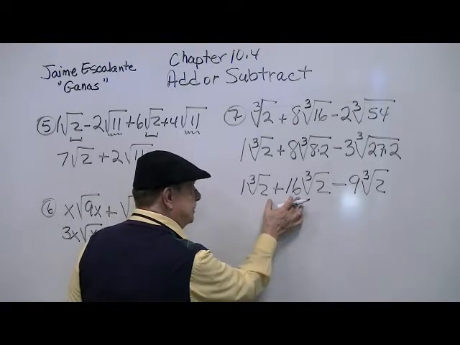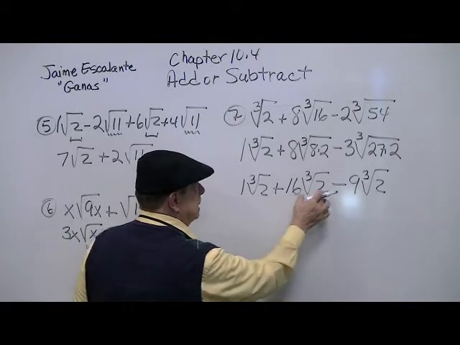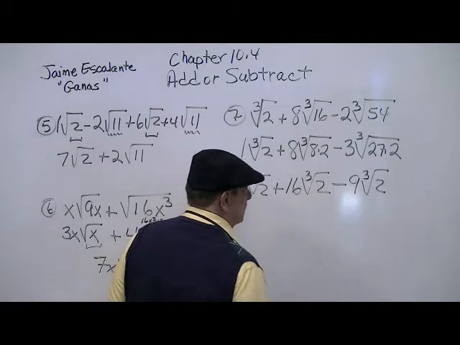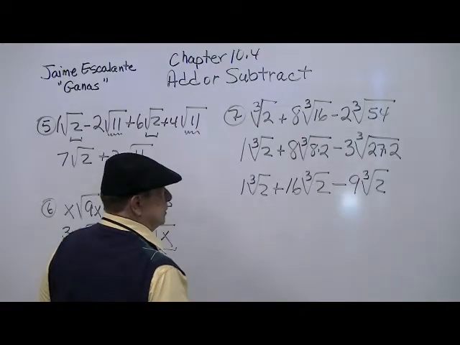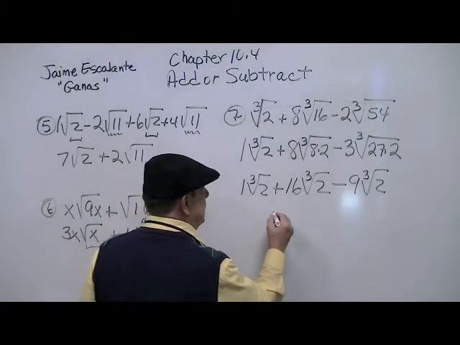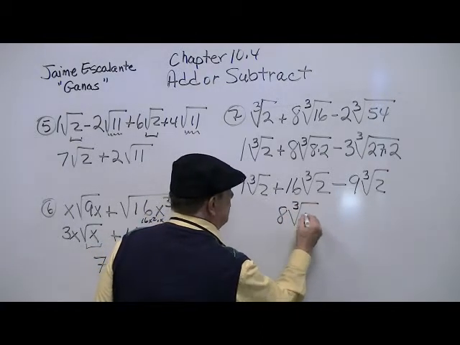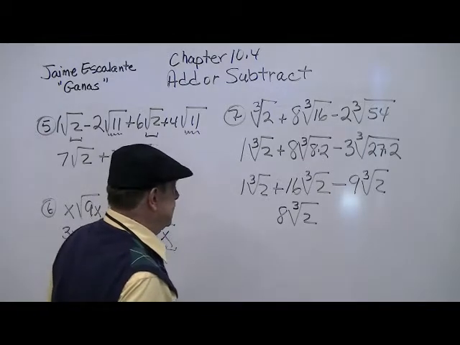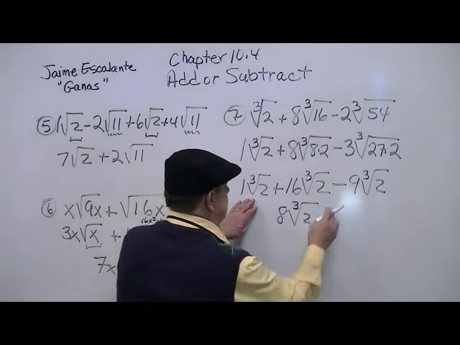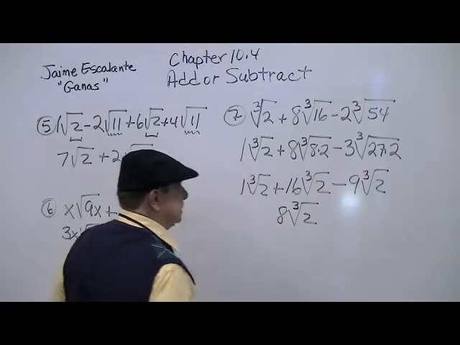So this is 17 minus 9 is going to be an 8, the cube root of 2. So this would be 8 minus, okay, yeah, that looks good.